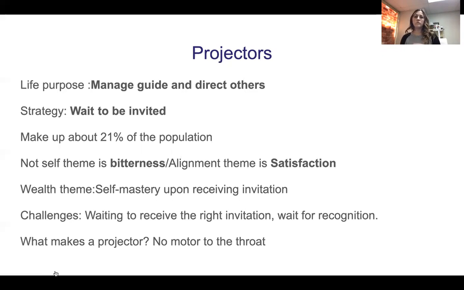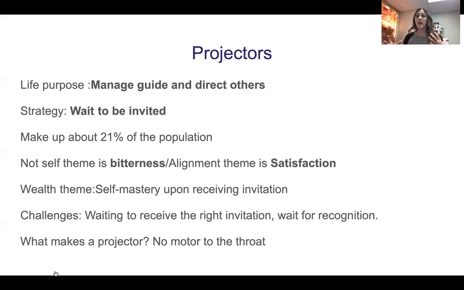The difference is that a motorized projector has the energy to do things like work out or do things for themselves, but they don't have sustainable energy. It's cyclical, up and down, so they're designed to take lots of breaks. They need to wait to be invited, and when other people invite them, that's when they get a boost of energy.